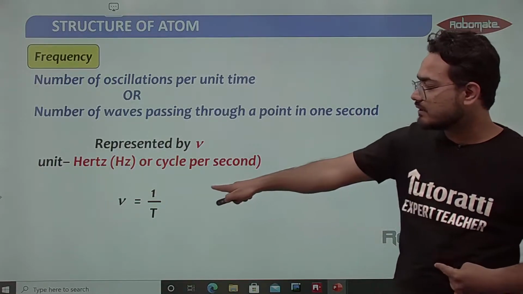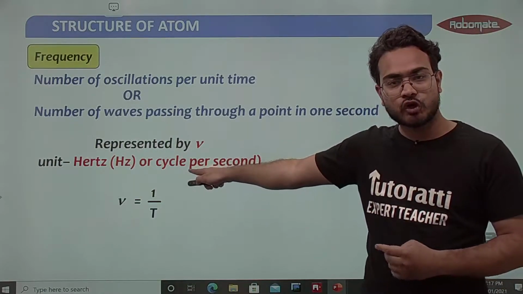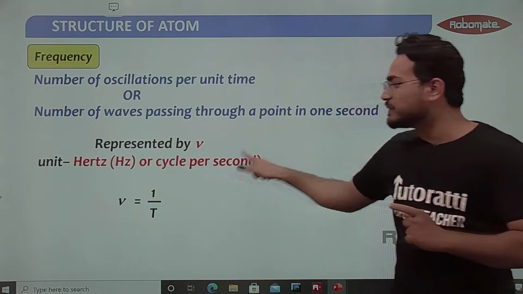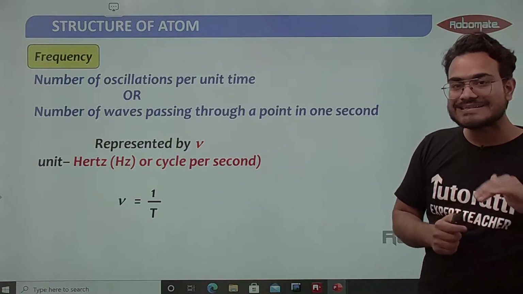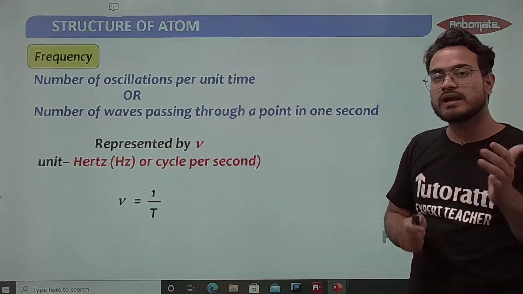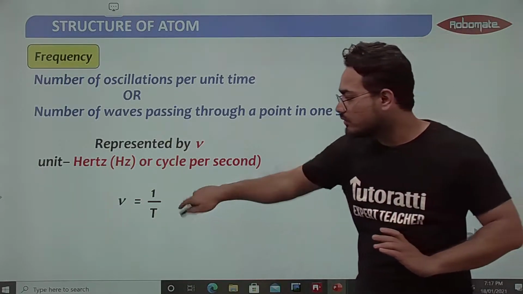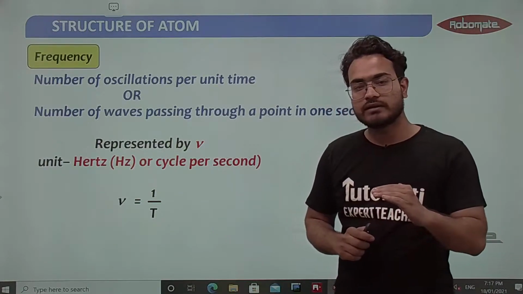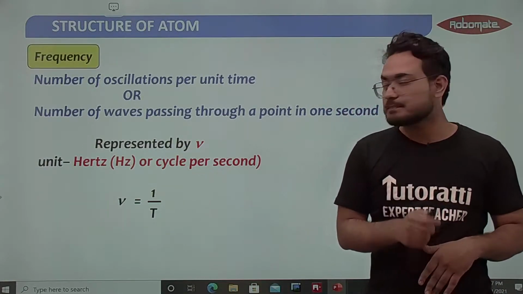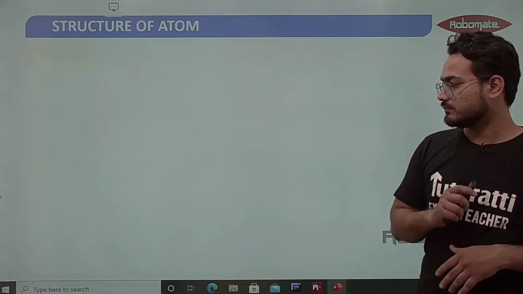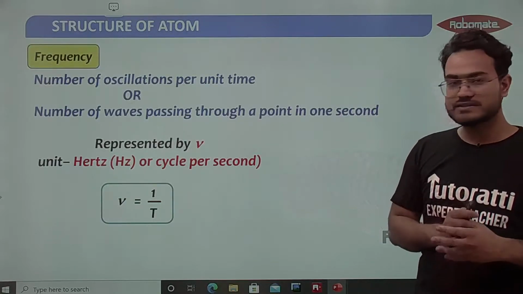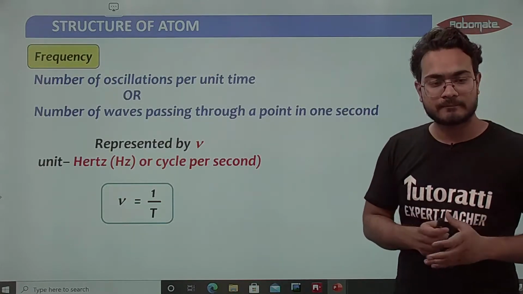Here, frequency, as your unit says, is cycles per second. Cycle is a number, it will not have any unit. So the unit will be 1 upon time, that is per second. Hertz is equal to per second.